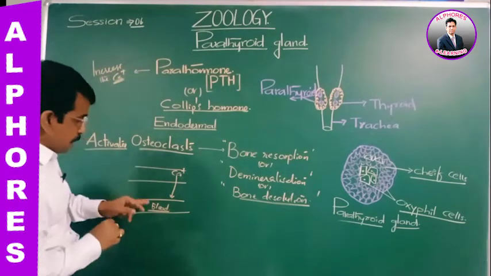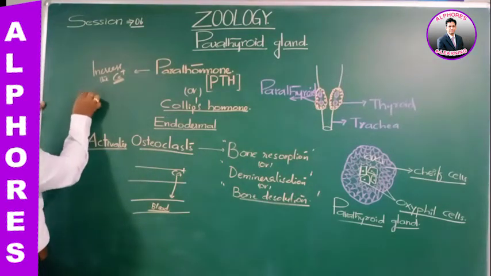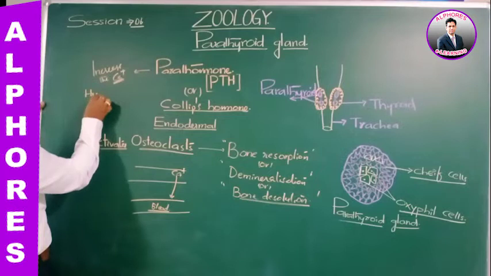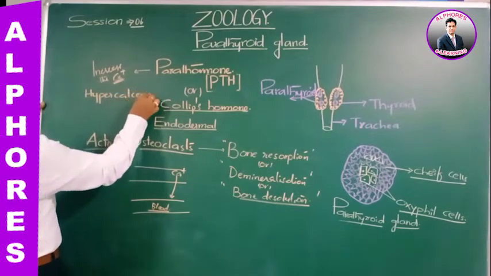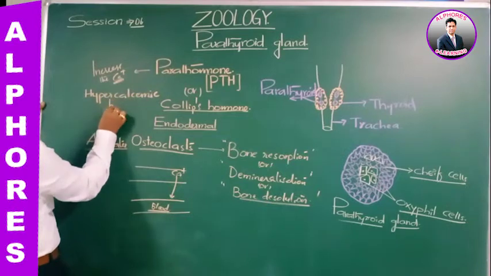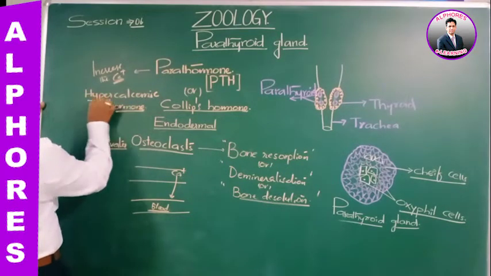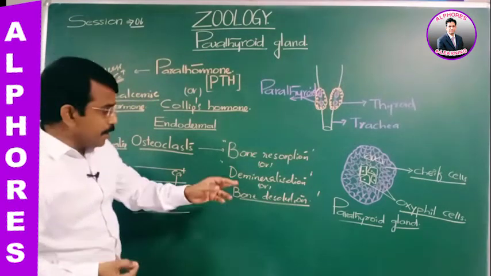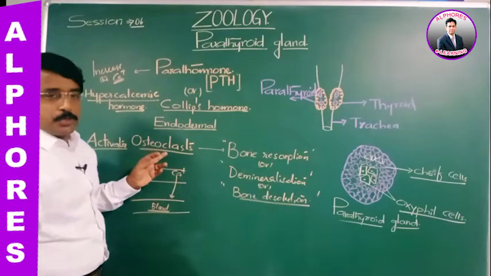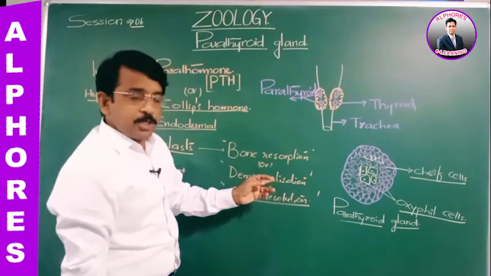It increases the calcium level. That is the reason why parathormone is treated to be the hypercalcemic hormone. Hyper in the sense of more calcium level. How? By activating the osteoclast, that is bone resorption, demineralization.